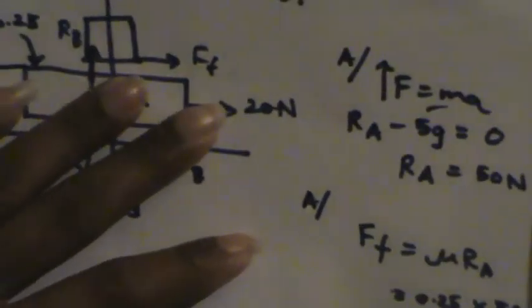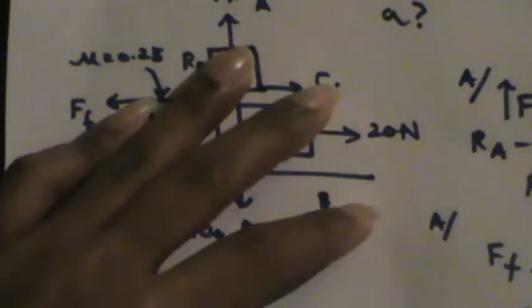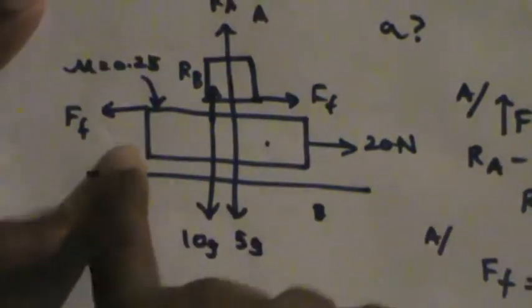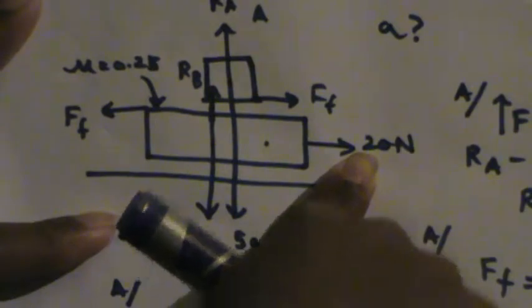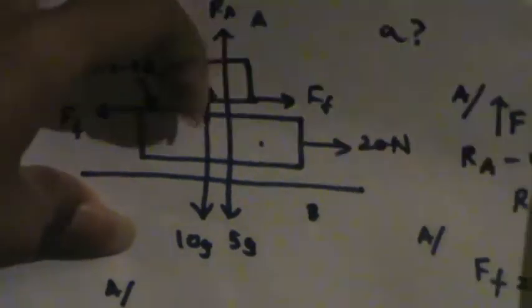To find the common acceleration, when you are selecting the total mass as a system, Ff will cancel with Ff, so the only force that is applied is 20 newtons on the bottom object. Considering the whole as a system, the total force is 20 newtons, and the mass is now 10 plus 4, 14 kilograms. So F equals ma for the total system: 20 equals 14 times a.